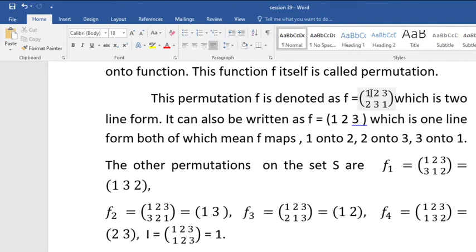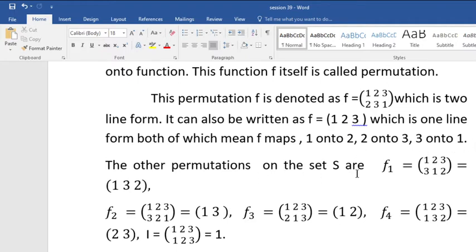It is understood that the image of 1 is 2, the image of 2 is 3 and the image of 3 is 1. The same can also be written in only one line. This is one-line notation. Here also it is understood that the image of 1 is 2, the image of 2 is 3 and the image of 3 is 1, which means the map f maps 1 to 2, 2 to 3 and 3 to 1.